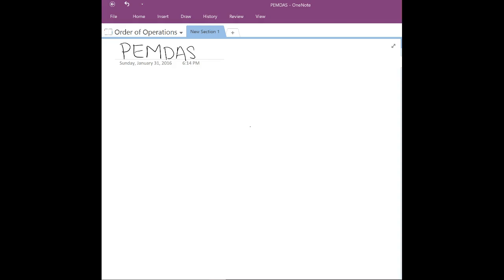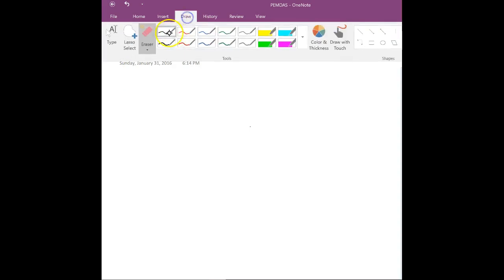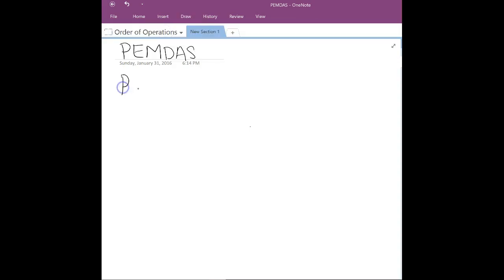One way of memorizing this is PEMDAS. Other people might say, please excuse my dear Aunt Sally, or some other mnemonic. But here's what it stands for. P stands for parentheses. E is for exponents.